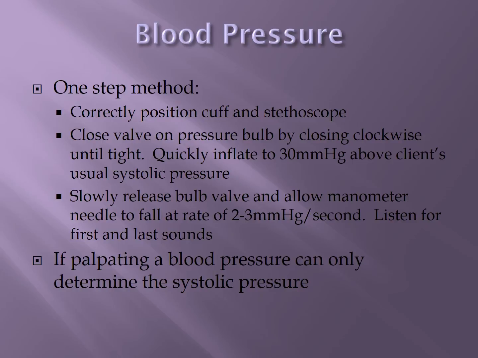Now, the reason why I'm saying this is the fact that a lot of people just want to pump those blood pressure cuffs up to 200 millimeters of mercury and then start letting it out. That's an incorrect method, and you do not get a correct blood pressure. Now, when we do this in the lab, we're going to do this step by step by step, and all of these instructions will be re-emphasized.